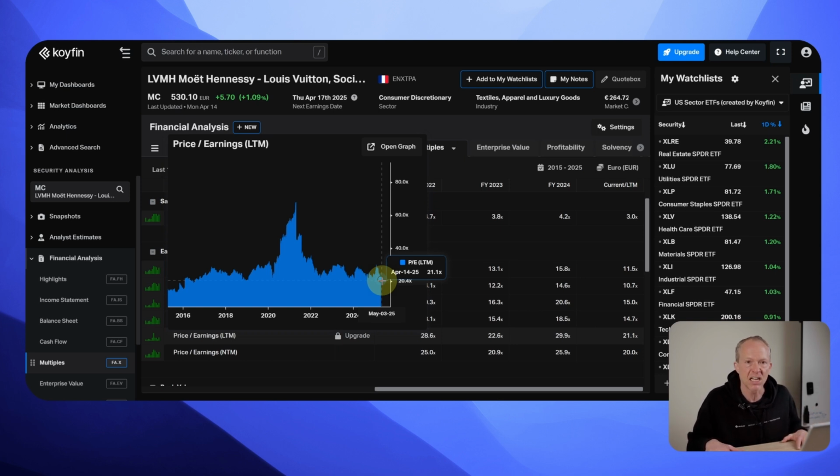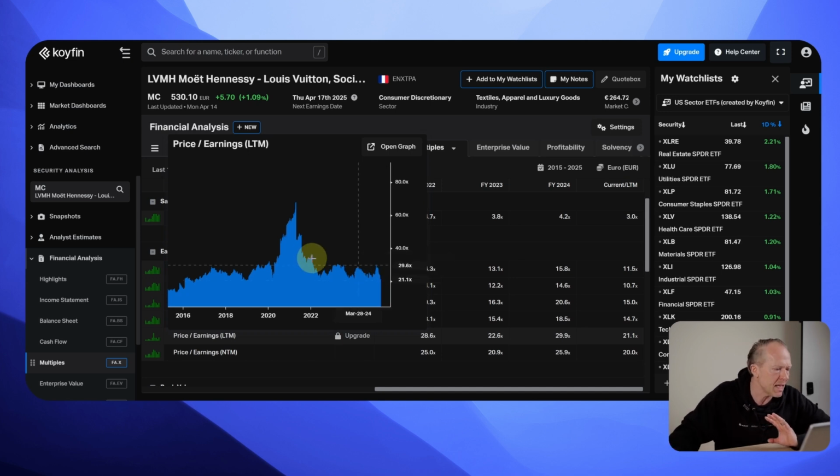Presently, this is a concern, and it's likely to lead to continued outflows out of the general market and out of LVMH and out of huge big stocks in general.